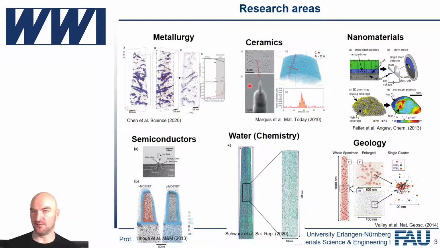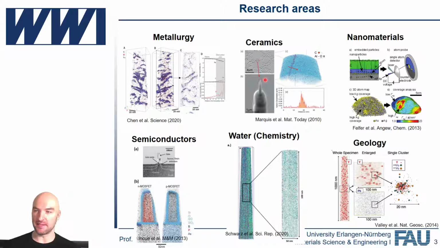But very importantly these days, we also have good sample preparation techniques based on focused ion beam technology that allow us to essentially make an atom probe sample out of anything that is solid. So we can take a ceramic, we can take a semiconductor, we can take a geological sample and just shape them into a field emitter and do the analysis, and hopefully not destroy what we wanted to look at.